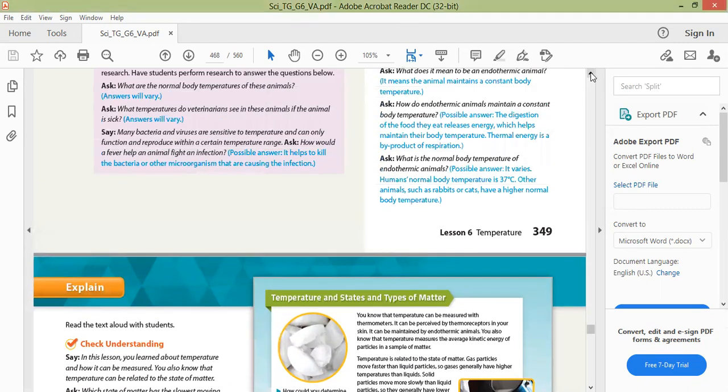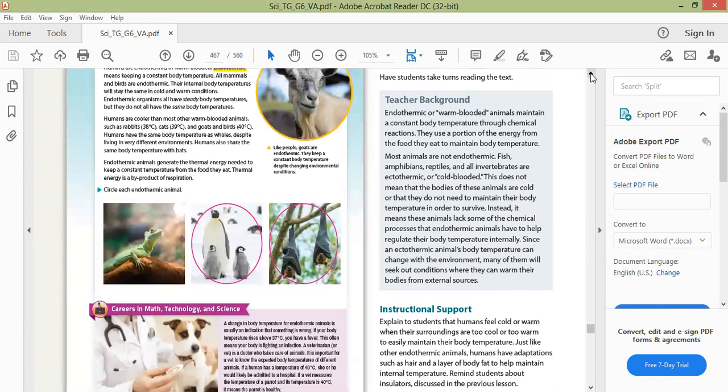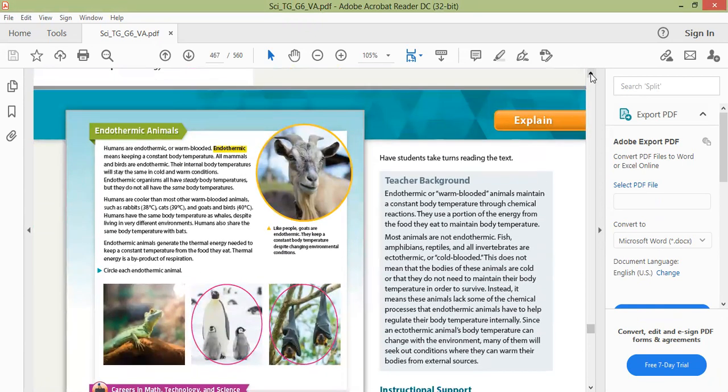The other thing we covered today: we said that we have two types of animals, endothermic and exothermic animals. The endothermic are the animals that can keep a constant body temperature, whatever the environment outside. Inside their body, the temperature will stay constant, like humans, mammals and birds.